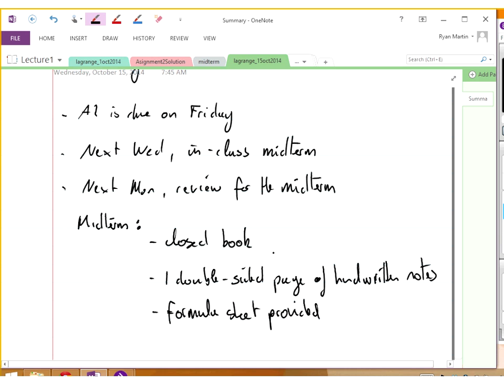Yeah, the paper size. Yeah, so you can't bring in a giant poster of notes, just a normal letter size paper.